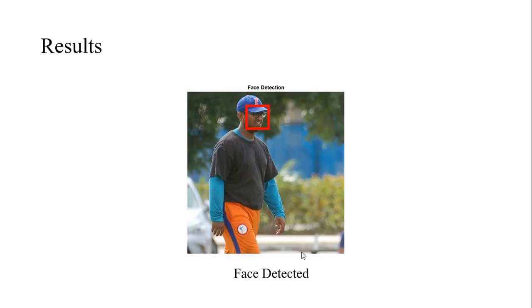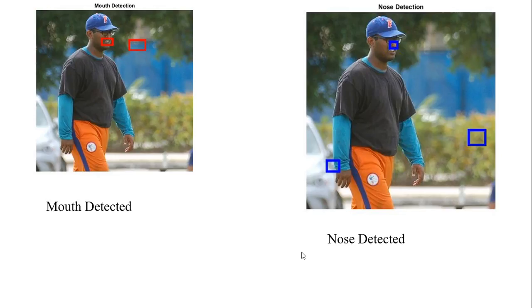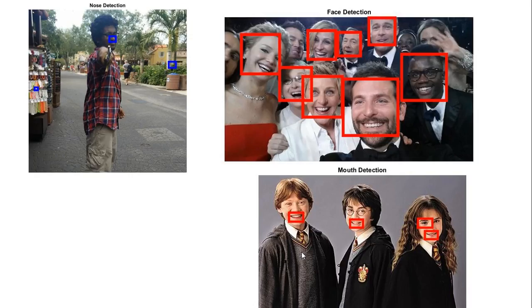Now these are the results of the code. So the face, mouth and nose are detected. Now while feeding various images, this is an image that consists of multiple faces, and it is seen that the code does a great job in finding a majority of all the faces, and only a couple of faces are actually left out. Nose detection.